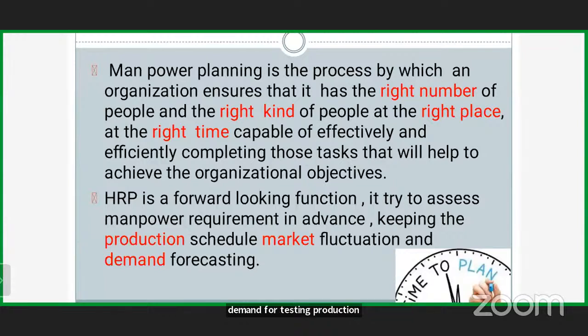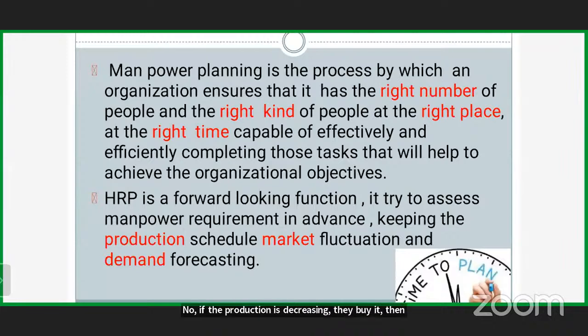Production schedule: sometimes production is increasing, and sometimes it may decrease. If production level is maximizing, we need more manpower. It is a simple ratio. If the production is decreasing day by day, then we need less manpower.